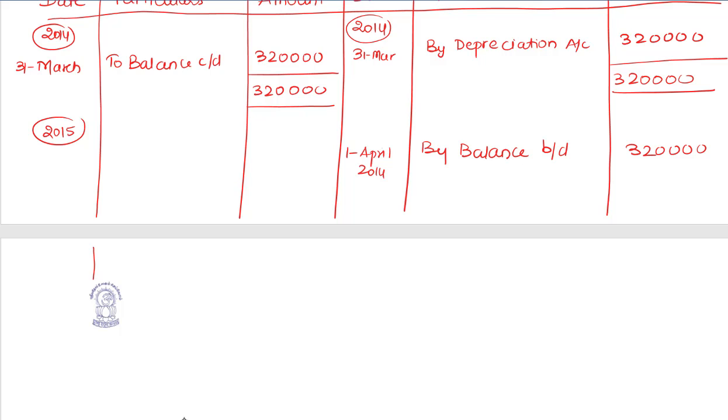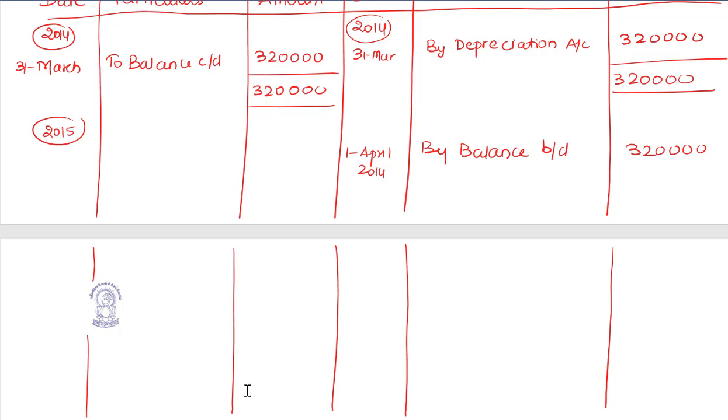Let us stretch these lines a bit. So on 1st April 2014, the balance brought down is 3,20,000.